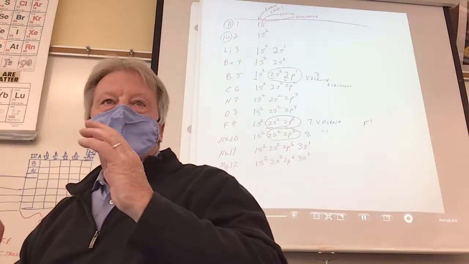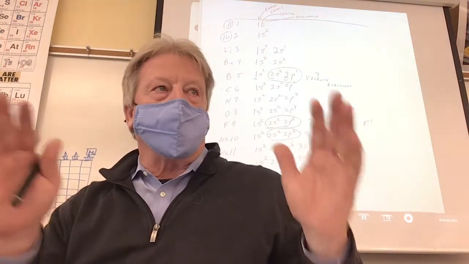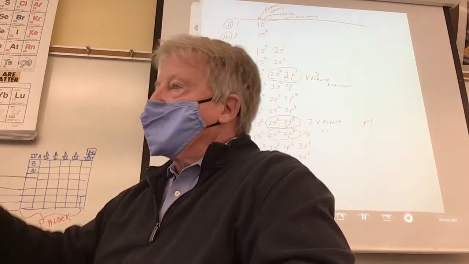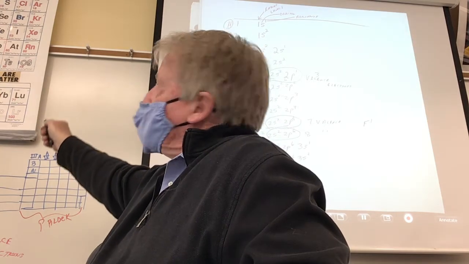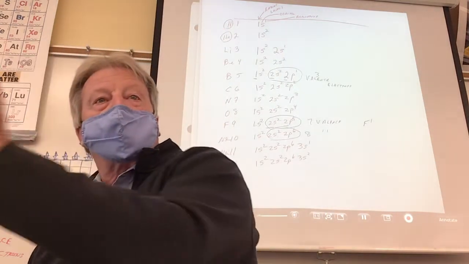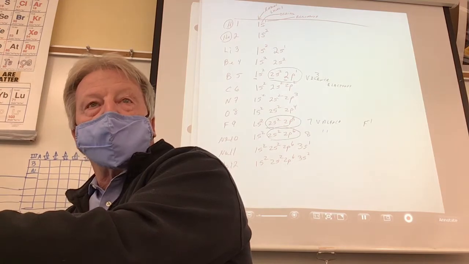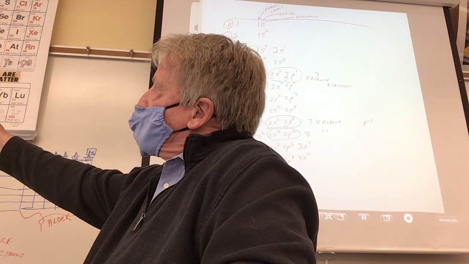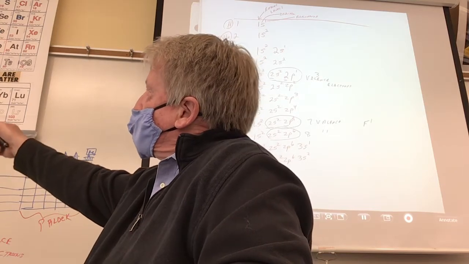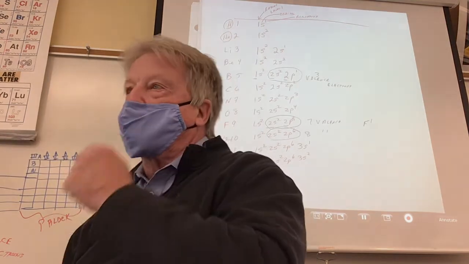So one more time. What's halfway to 8? 4. So let's think about this. If you're more than halfway to 8, no wonder you're called a nonmetal, because nonmetals like to gain electrons to get to 8. But look at sodium. He has 1 valence electron. It's going to be very difficult to gain 7.